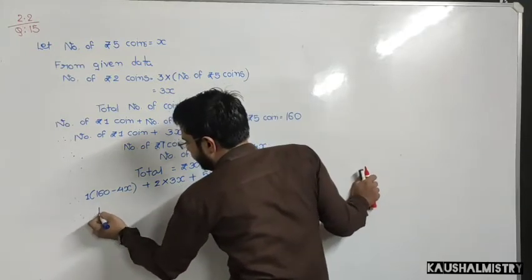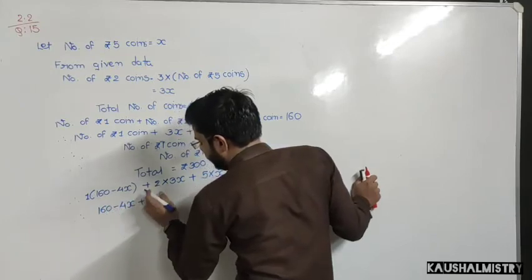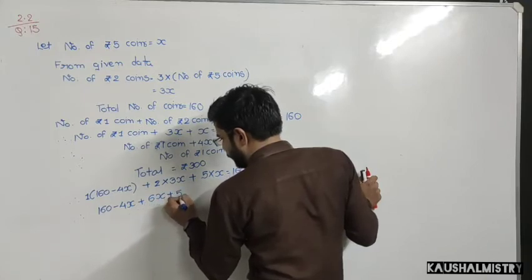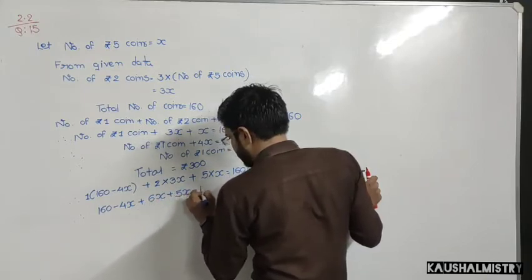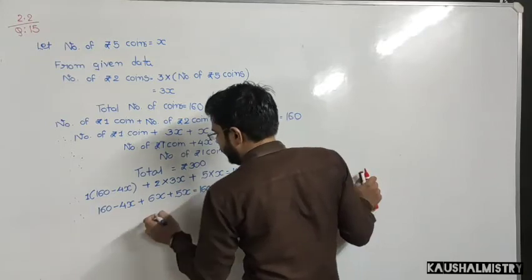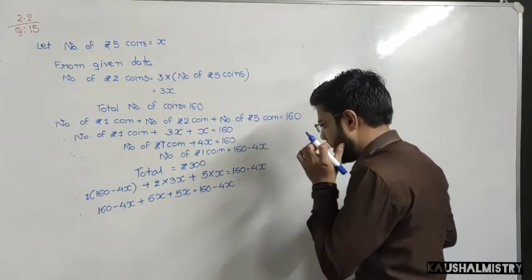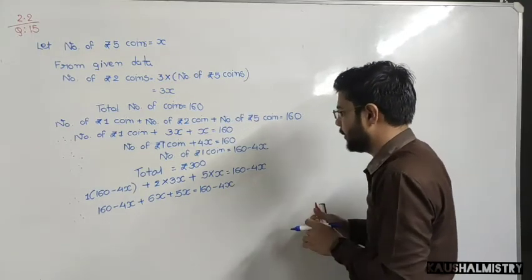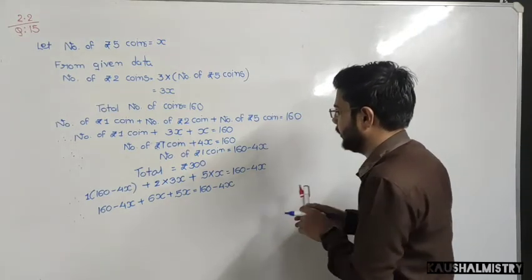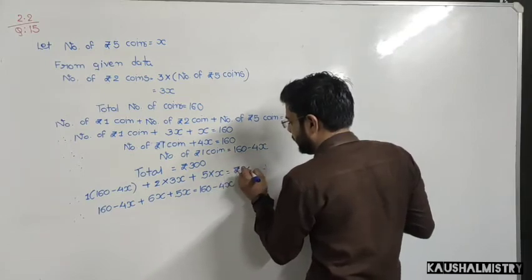Therefore this will be 160 minus 4x plus 6x plus 5x, that is equal to rupees 300.